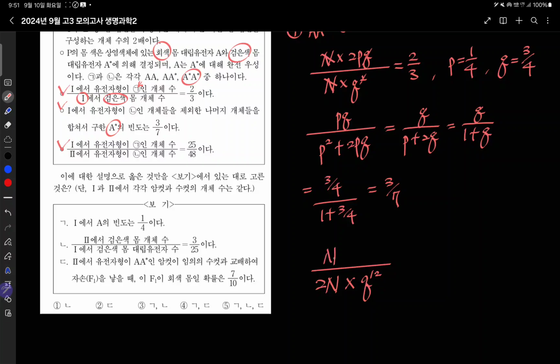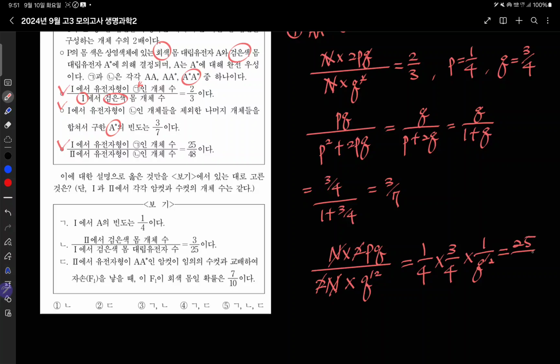And the heterozygote for the first population frequency is 2 times pq. So cancel q and n, and p is 1/4, q is 3/4, and then 1 over q prime squared.